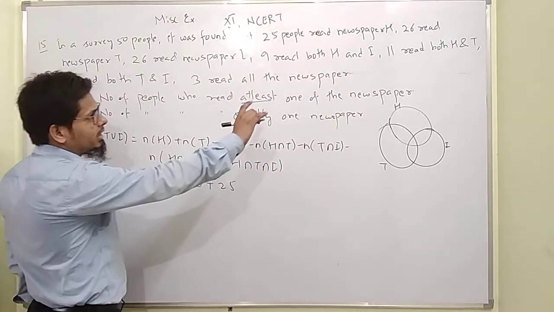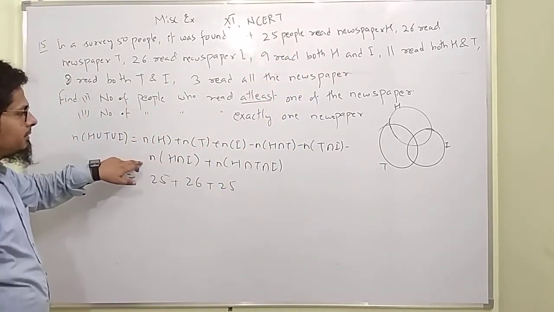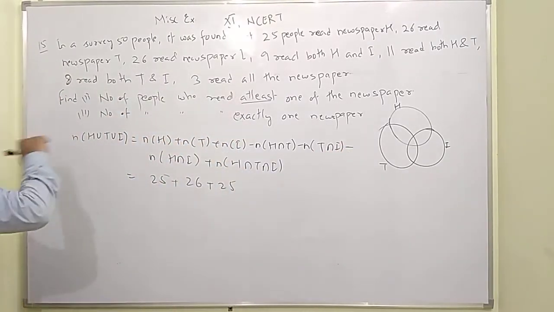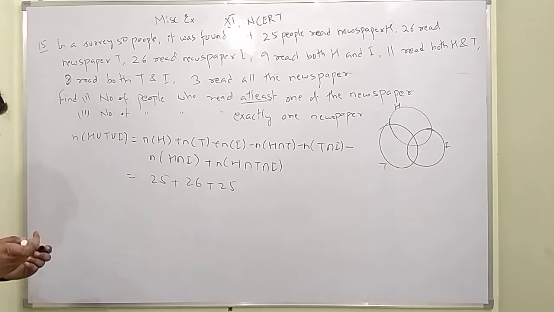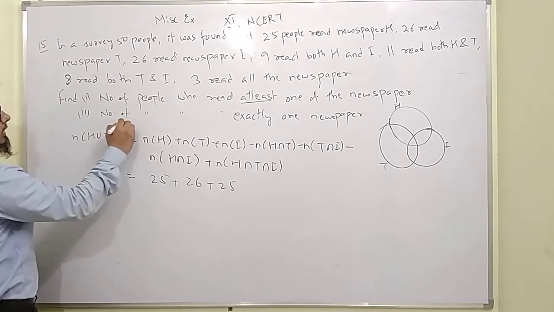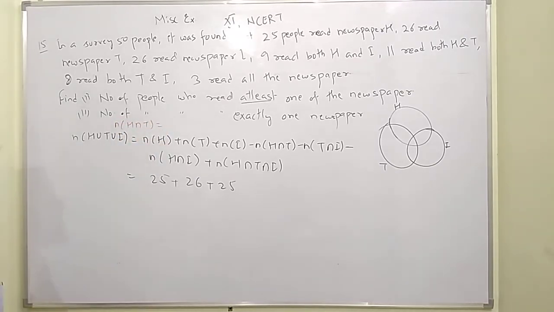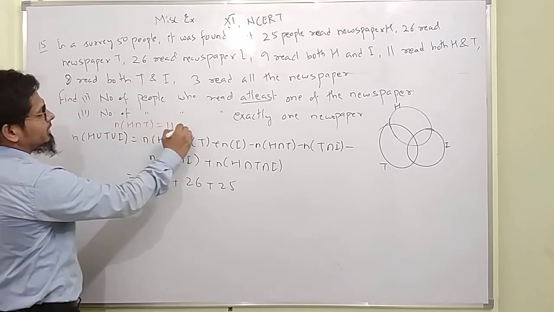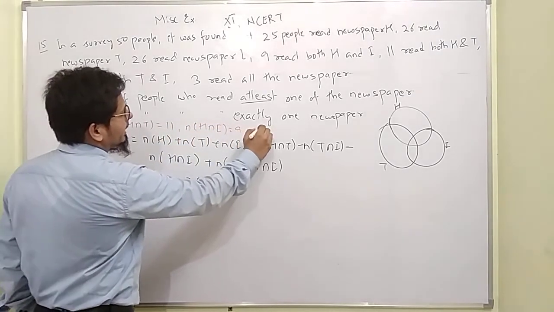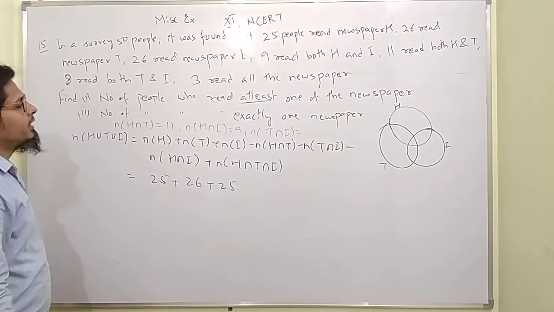Better to list it here, you may be getting confused. N of H intersection T, H and T, how many are there? 11 are there, and H and I, it is 9, and T and I are 8.